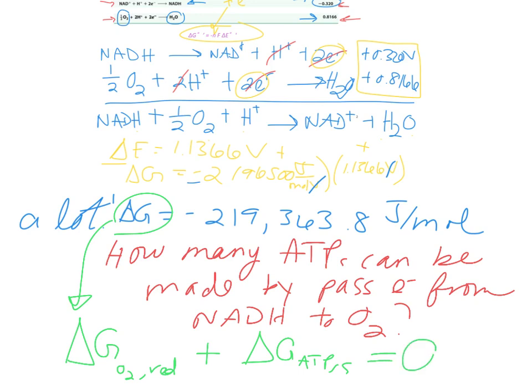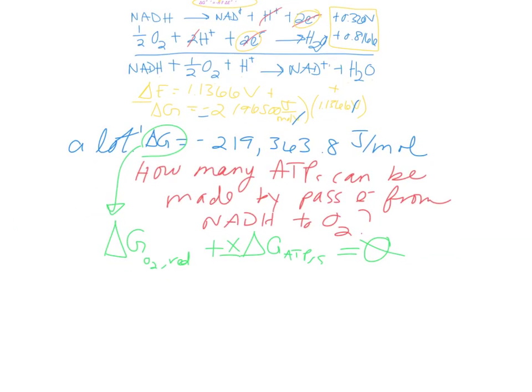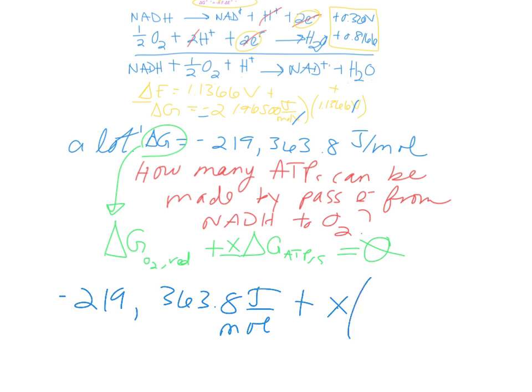And we're going to max it out, so we're going to set it equal to 0. And I want to know how many, so I'm going to want to figure out that coefficient right there. So you'll plug in what you have: negative 219,363.8 joules per mole plus the number of ATPs times 50,000 joules per mole per ATP, because I know ATP synthesis costs 50,000 joules per mole.